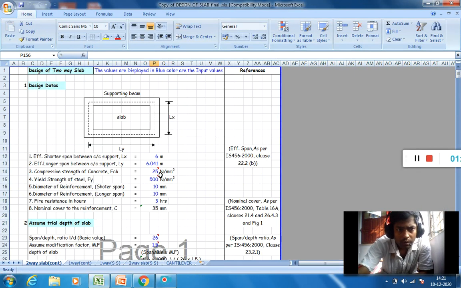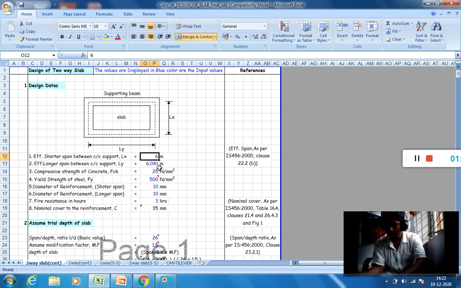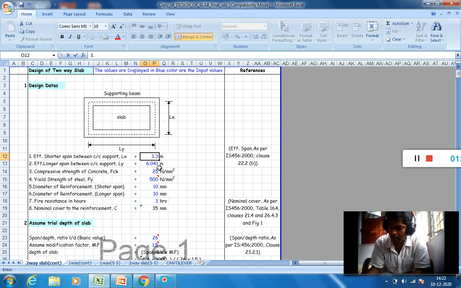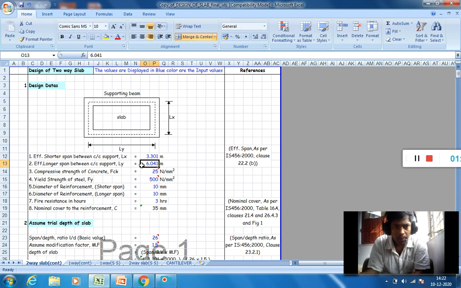So this program can be used for the design of any beam, any slab. Here you see the parameters, and I am only changing the parameters. The short span is 3.3, 4, I think 4.1. Just by changing the data, the other things are automatically updated.